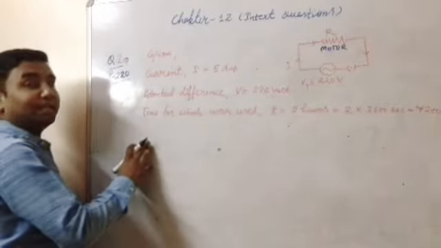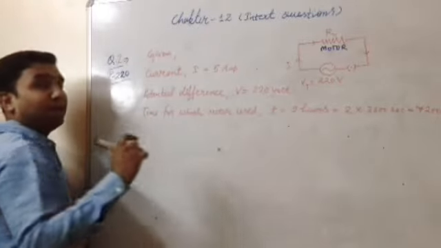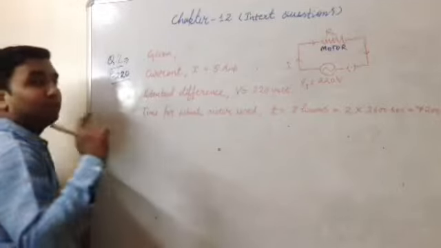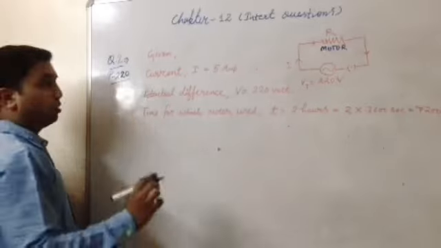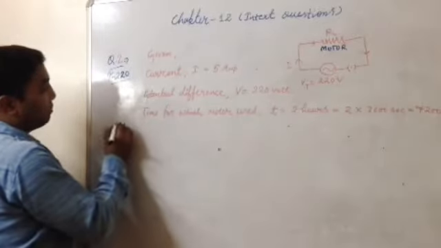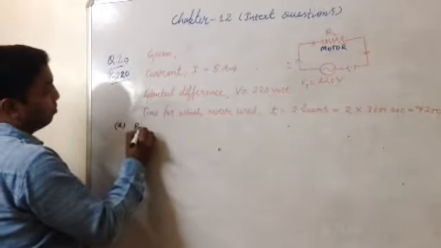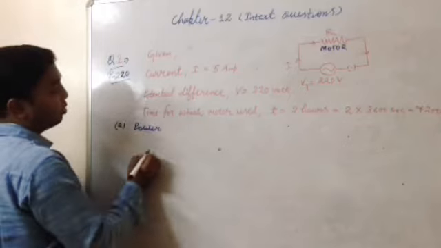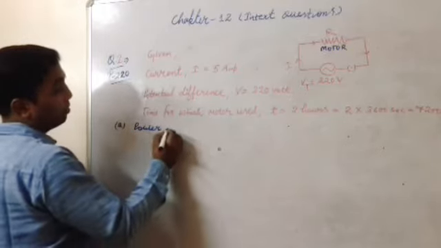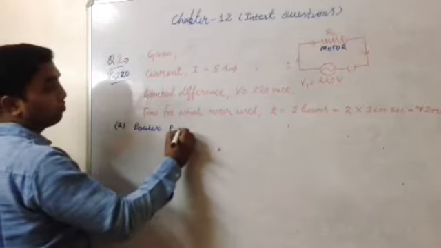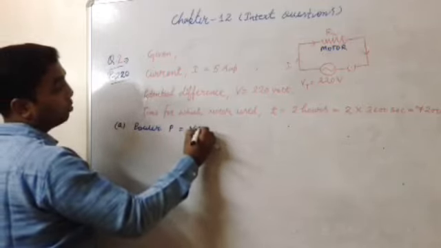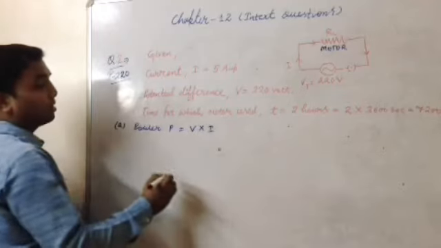Now this is the data provided to us, and we have to calculate two things, the power of the motor and the energy consumed by the motor. So let's do the A part. The electrical power formula is power equal to V into I. We have discussed this.